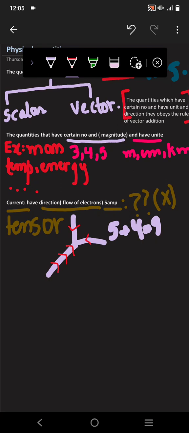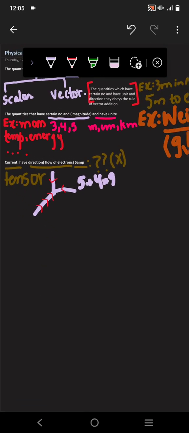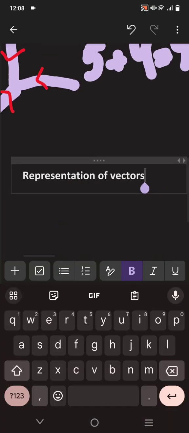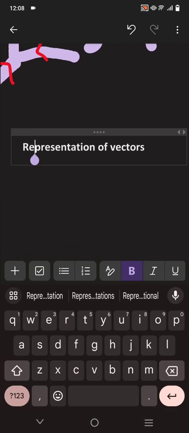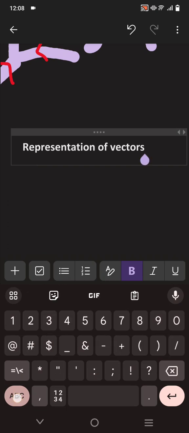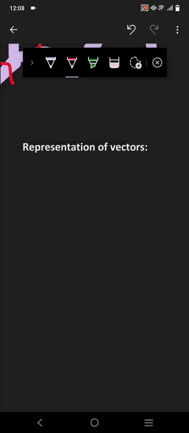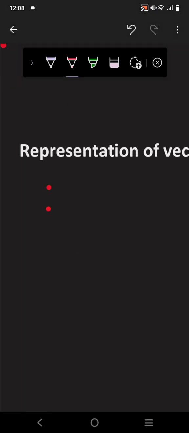Now we're going to see how a vector is represented. So now I'm going to make an arrow.